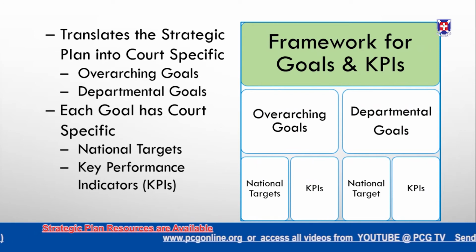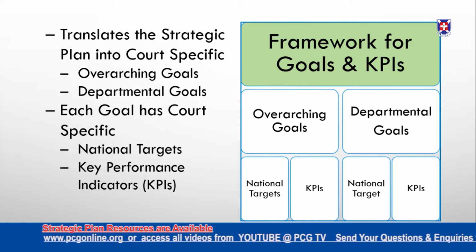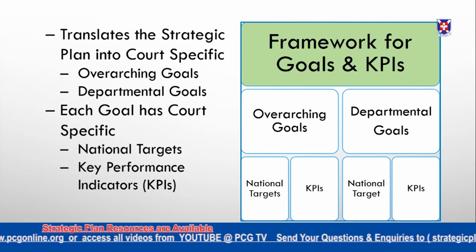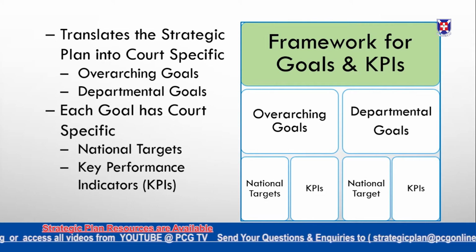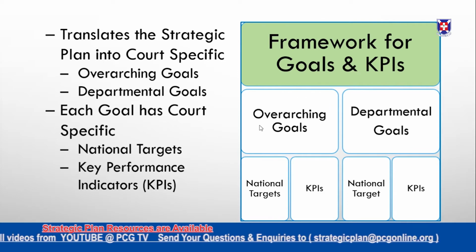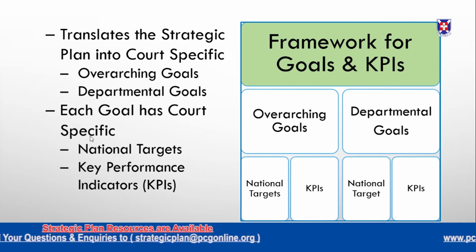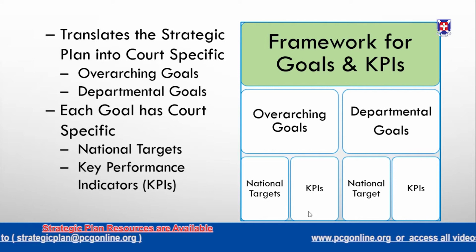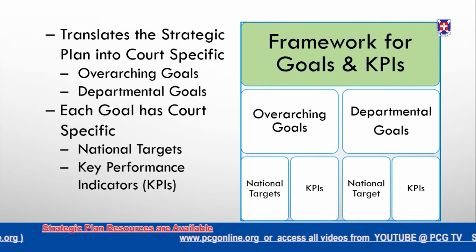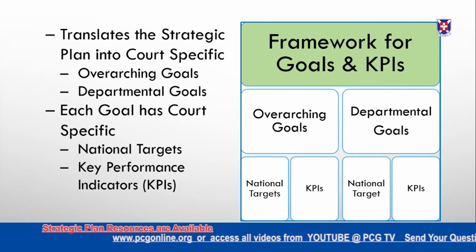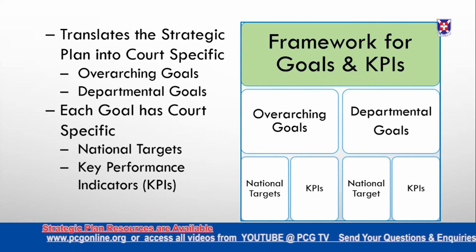Now, the framework for goals and KPIs translates the strategic plan into specific overarching goals and departmental goals. If you look at the framework, you have overarching goals and departmental goals. Each goal also has a specific national target and KPI, key performance indicator. So either the goal is put under overarching goals, or the goal is put under departmental goals.